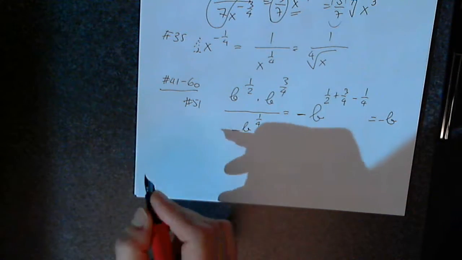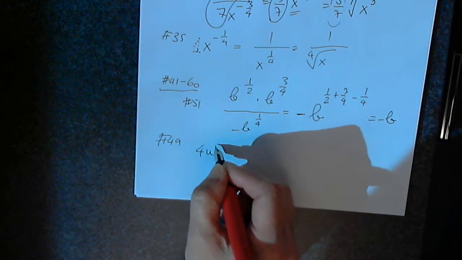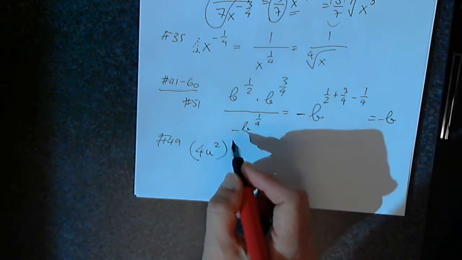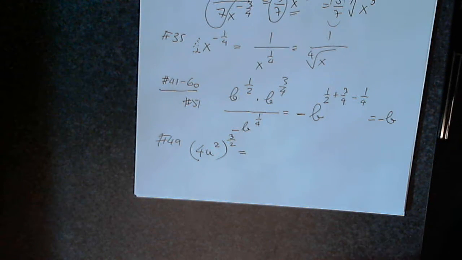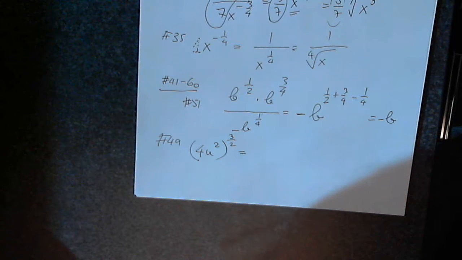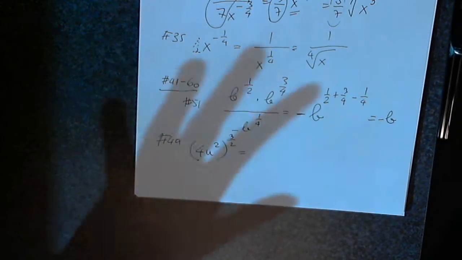What about 49? That is 4u squared, everything raised to 3 over 2. For 4u squared, everything in parentheses, raised to power 3 over 2, there are several ways here.